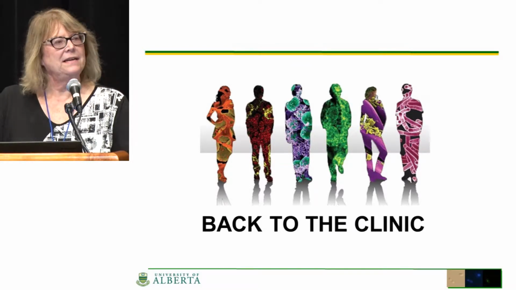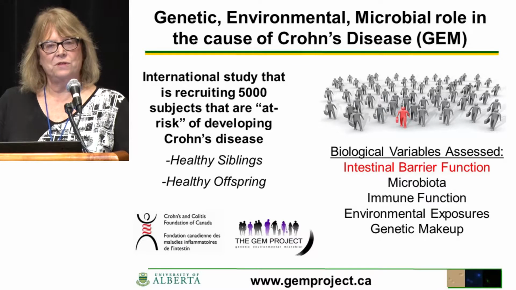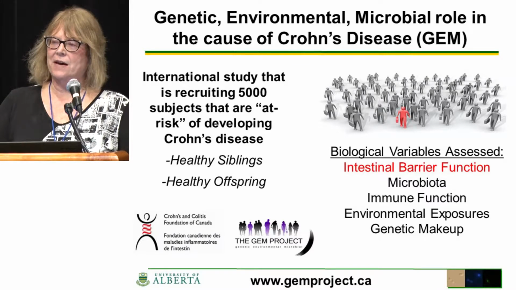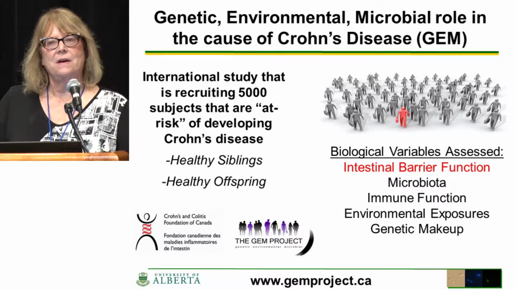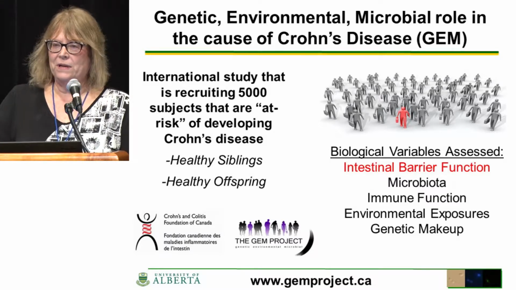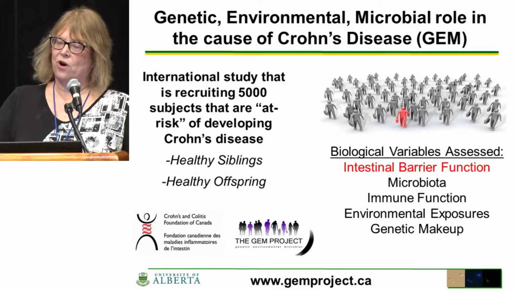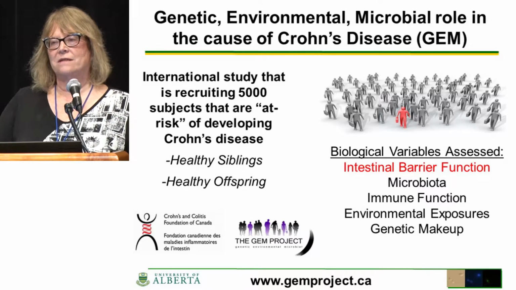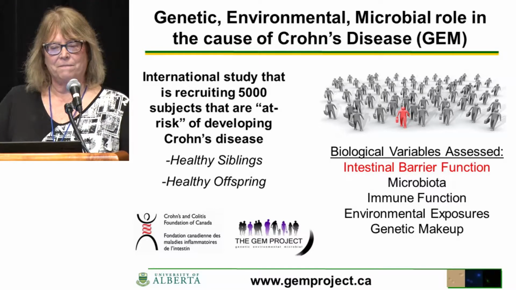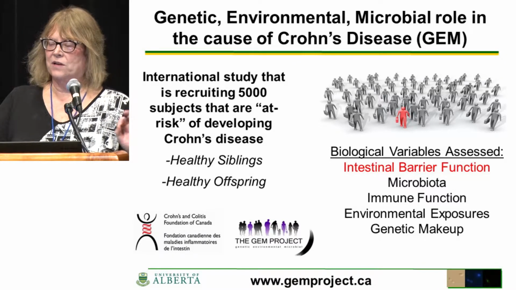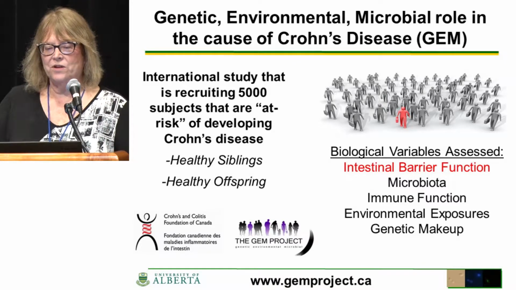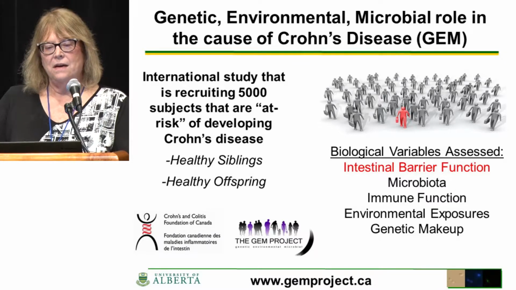So this is an attempt to study in Crohn's patients. This is a type of inflammatory bowel disease that has a genetic predisposition. So if you are a sibling of someone with Crohn's disease or you are an offspring, you have an increased chance of getting Crohn's disease, increased risk. So this is running out of Canada. A lot of European countries are contributing, as well as the United States.